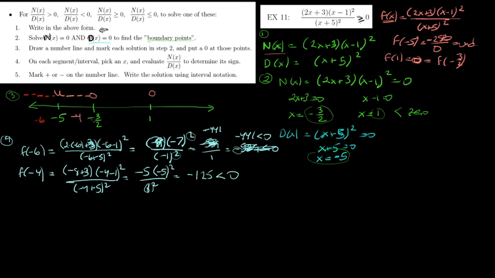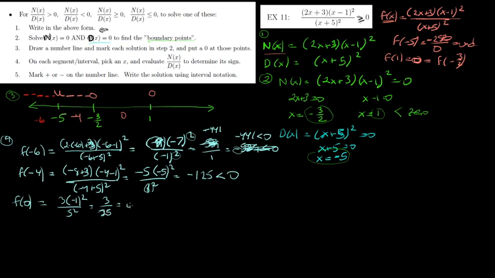Plug in a number between -3/2 and 1. Well, I like 0. That's easy enough. So plug in 0. And I think we're just going to get 3 times -1 squared over 0 plus 5 is 5 squared. So we get 3 over 25.